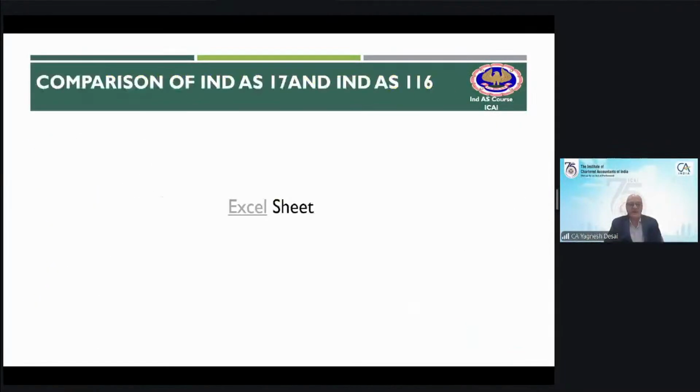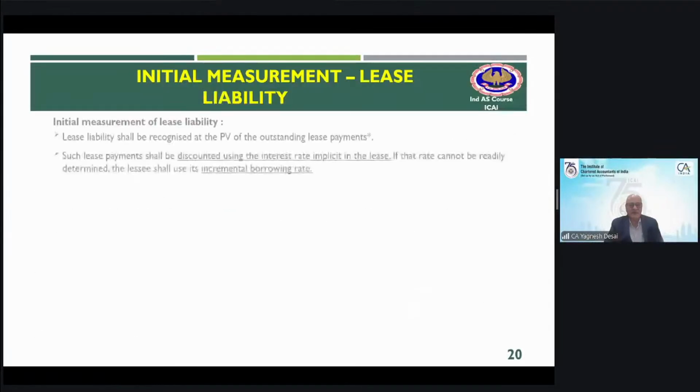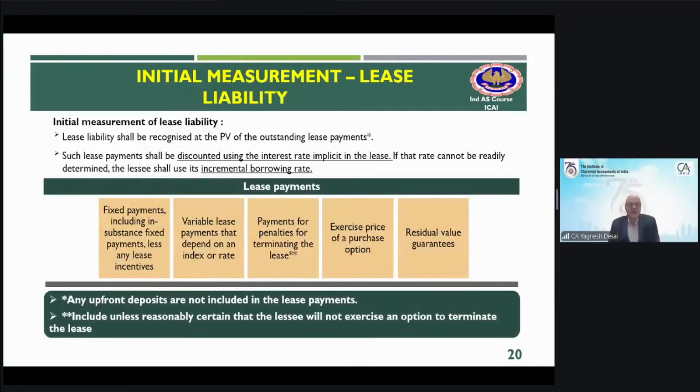My dear friend, fixed payments including in-substance fixed payments, and variable lease payments that depend on an index or a rate. Sir, I'm repeating this slide, the reason being the crux of lease payments lies here.